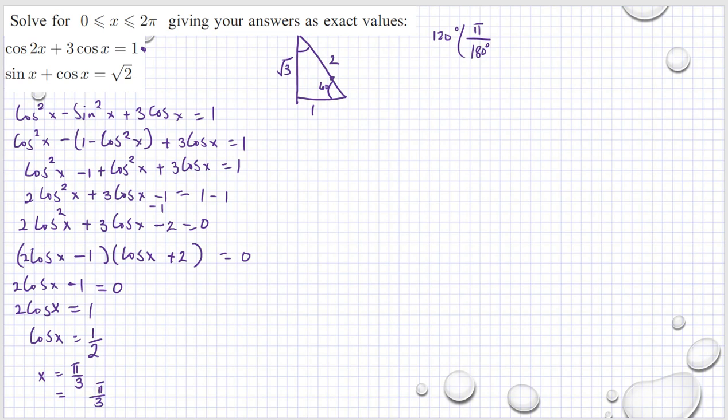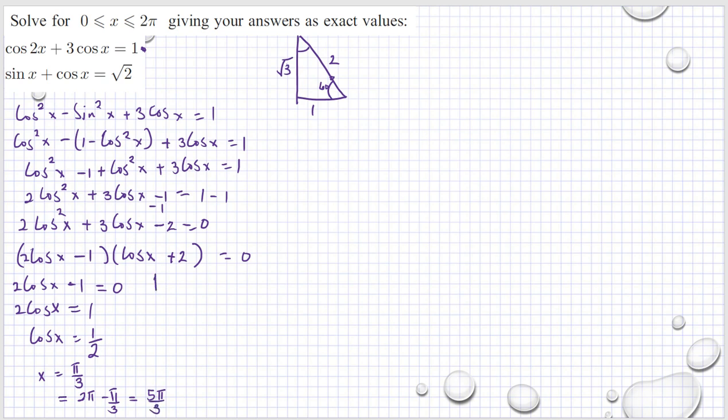Sorry. Because we have positive only, not negative. So that means in the first quadrant, you can remove this. We don't need this. In the fourth quadrant is 2 pi. Okay, I can write it here. 2 pi minus pi over 3. Then we have 6 minus 1. Then we have 5 pi over 3.